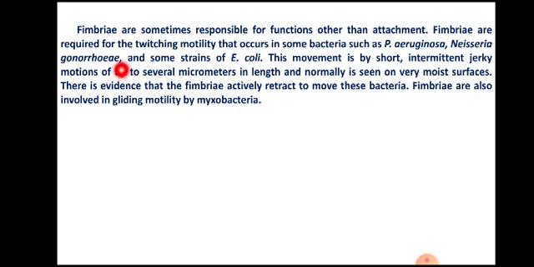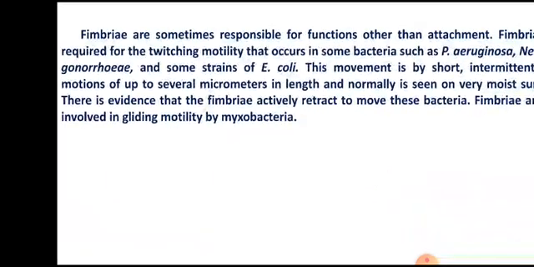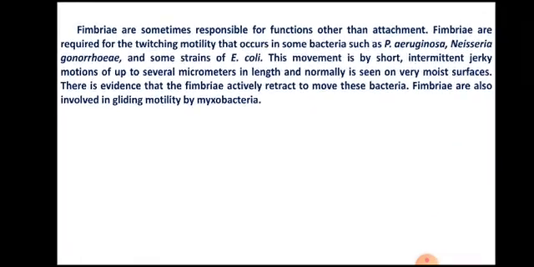Then fimbriae are responsible for binding, and not only binding, these fimbriae are also involved in twitching type of motility. Twitching type of motility that occurs on solid surfaces is called gliding motility, and this is seen in bacteria like Pseudomonas aeruginosa, Neisseria gonorrhoeae, and some strains of E. coli.